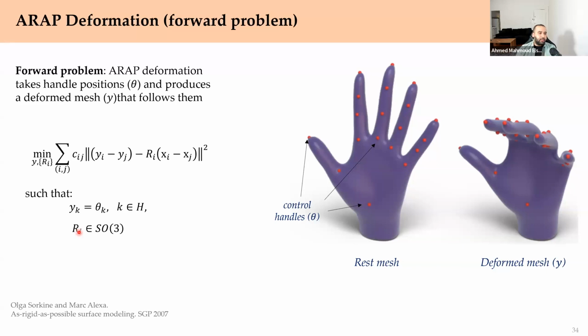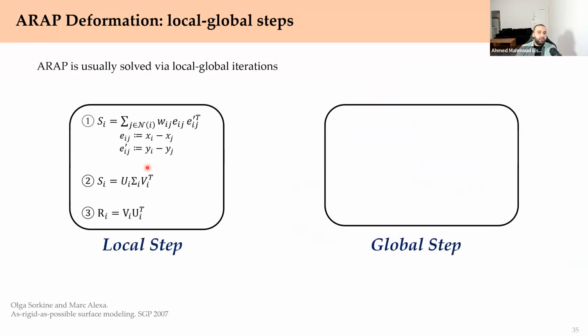So this is basically an optimization in two variables, the per-vertex position and the per-vertex rotation, which is complicated if we try to jointly solve for both of them. But if we fix one, the other one becomes easy. And this is the idea behind Olga's ARAP local-global scheme.